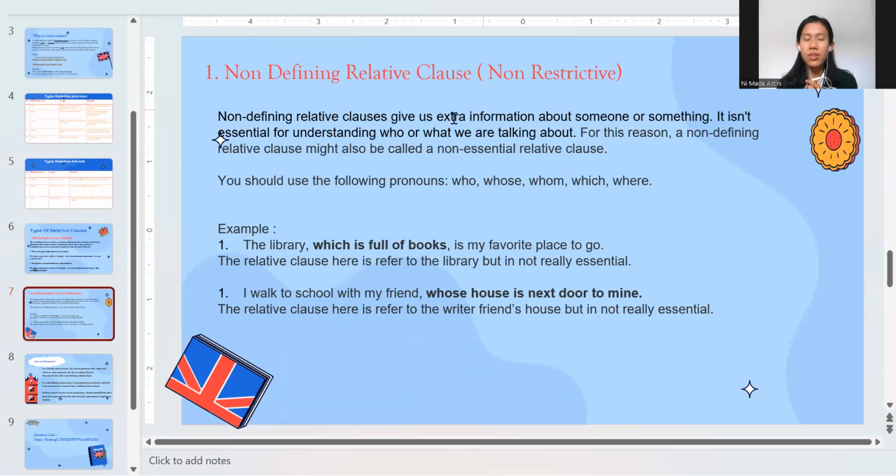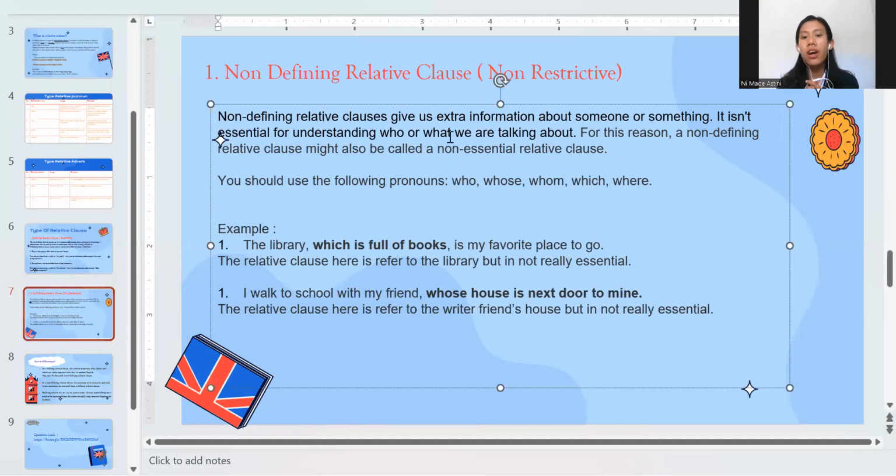Number two, non-defining relative clause. What is non-defining relative clause? Non-defining relative clause gives us extra information about something. It is not essential for understanding who or what we are talking about. For this reason, non-defining relative clause might also be called a non-essential relative clause. So the information given by non-defining relative clause is not really essential for us.